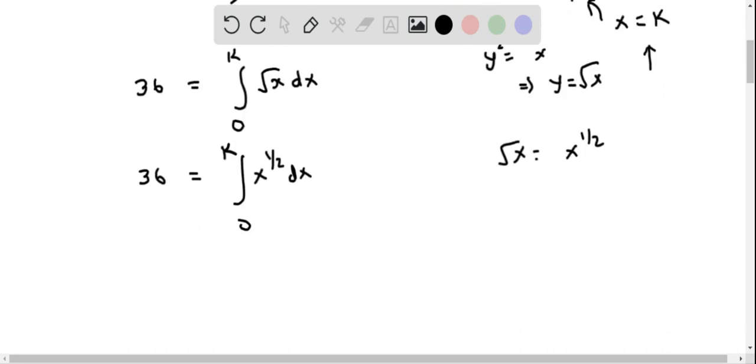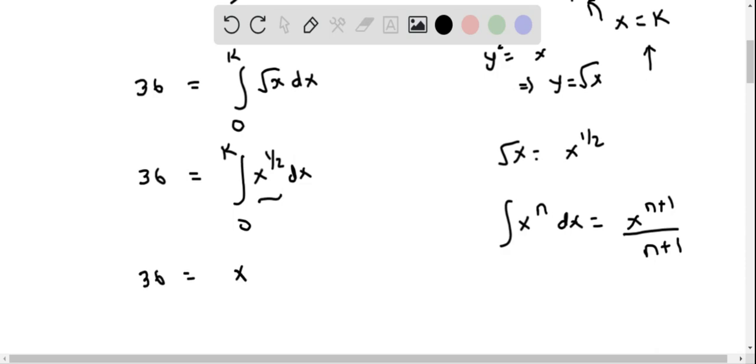Now we apply the power rule. When we integrate x to the power n, we get x raised to the power of n plus 1 over n plus 1. So the integral of x to the power 1 by 2 is x to the power of 1 by 2 plus 1 over 1 by 2 plus 1, evaluated from 0 to k.